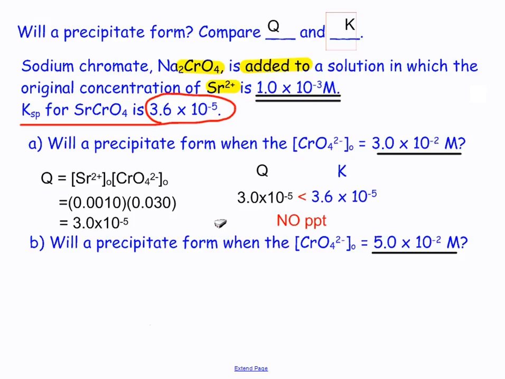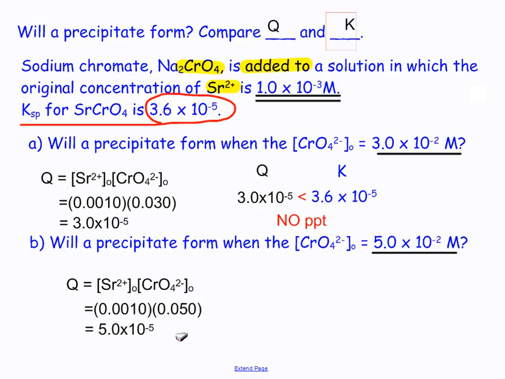So pause for a minute and do the same thing with the second one. Now that you've had the chance to try a similar equation, the only difference is our value for Q. And in this case, Q is greater than K, so it's going to shift towards the reactants, and so the solid is going to form.